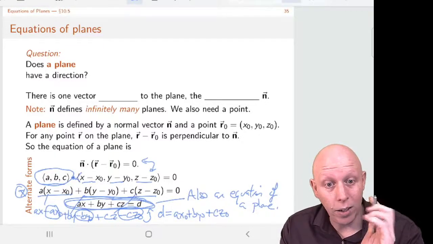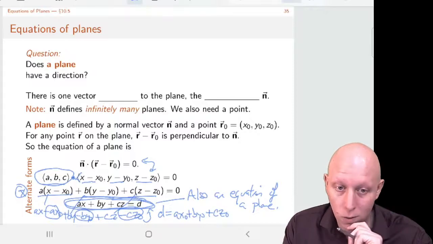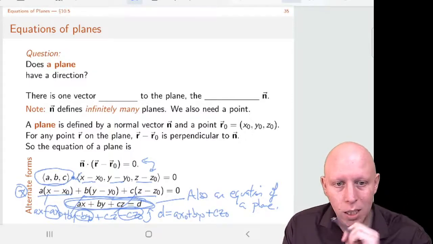All right, so again, recognize that this is not a parametric equation of a vector function. This is a completely different type of equation.